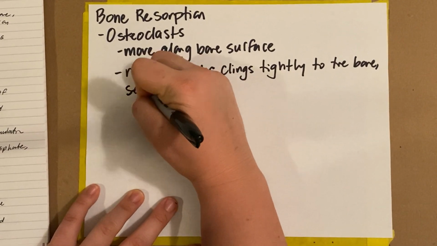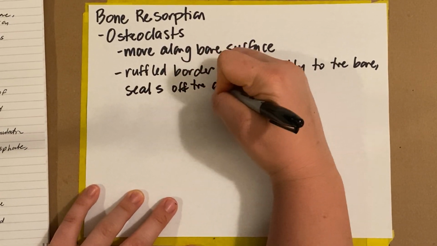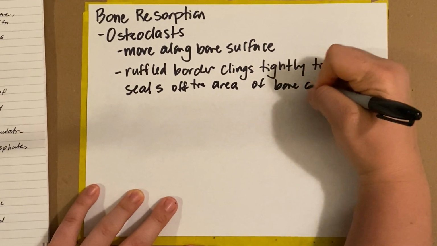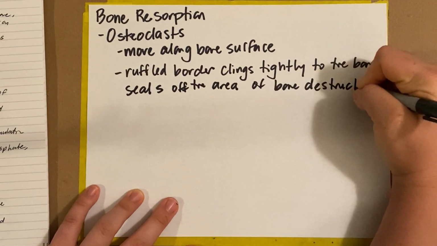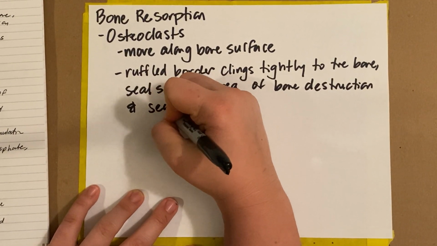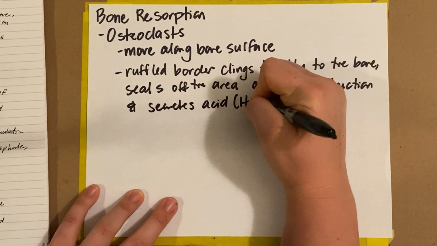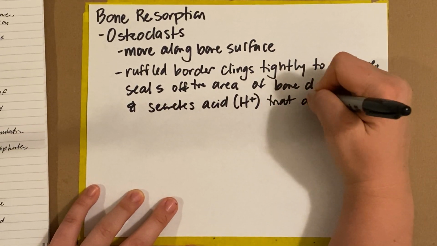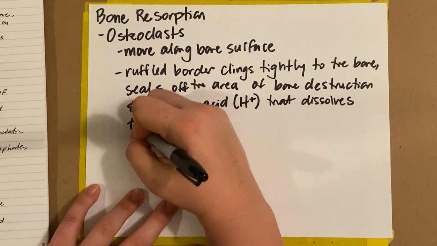It seals off the area of bone destruction, which is important because you don't want bone that's not supposed to be destroyed being destroyed. And it secretes acid, so hydrogen ions, that dissolves the bone minerals.